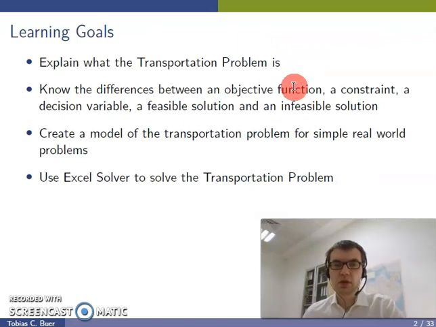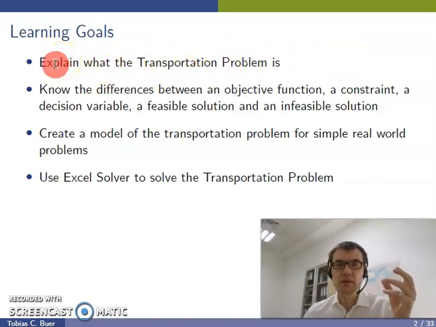Today's learning goals are the following. Because the transportation problem is a very specific problem, you should be able to explain exactly what the transportation problem is and what it is not. You should know some basic structures of mathematical model building.